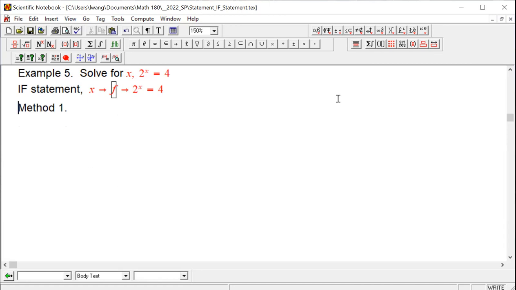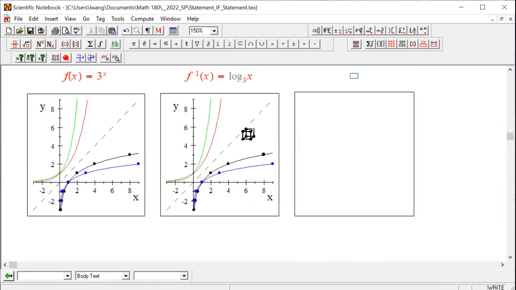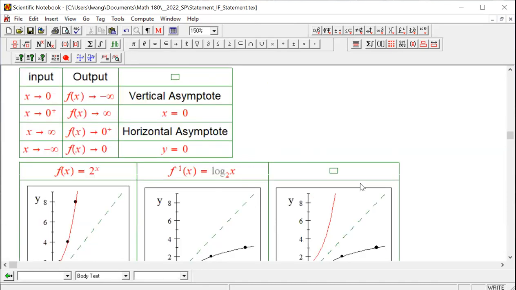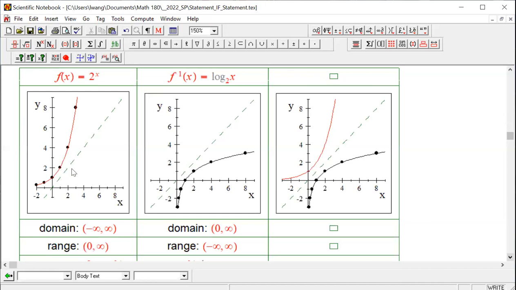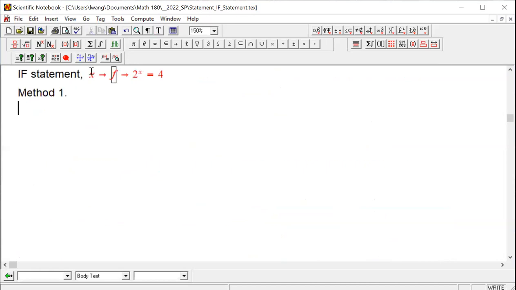So the first method, we're going to use our function, because after all, we've done those functions. Did we do the curve f of x equals 2 to the power x? We certainly did. I'm going to go there. We did those graphs. We know the domain and range.